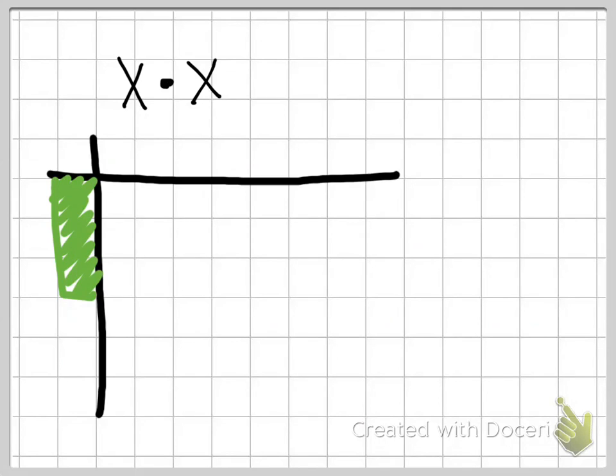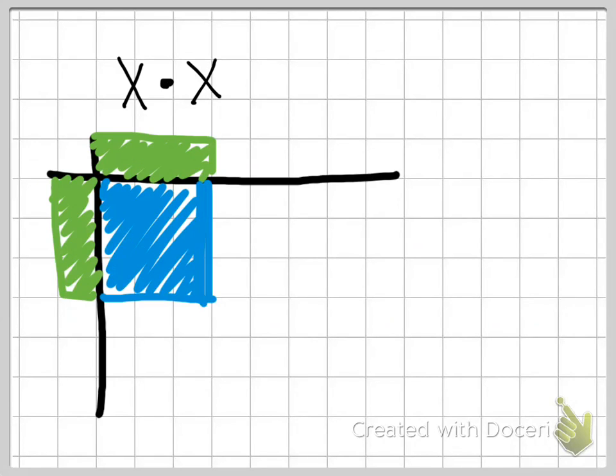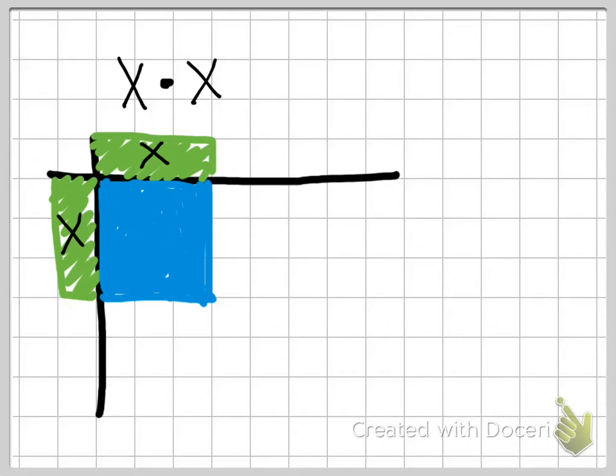You put the x tile on one side and then on the other, and then you just fill in that middle piece. So we have x times x, and it gives us x squared. Okay? And that's all I got. So be ready to work on that in class tomorrow or today, whenever we do it.